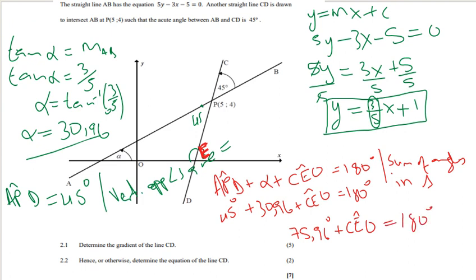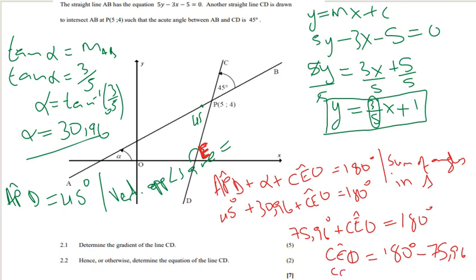Now taking this to the other side, I find out that CEO is equal to 180 degrees minus 75.96, and that is the same as 104.04.